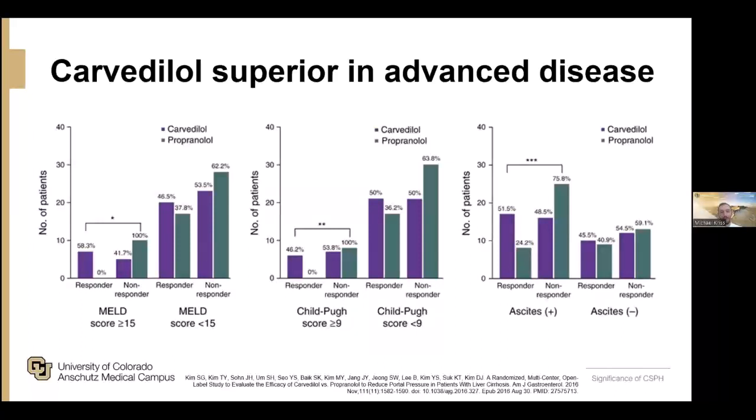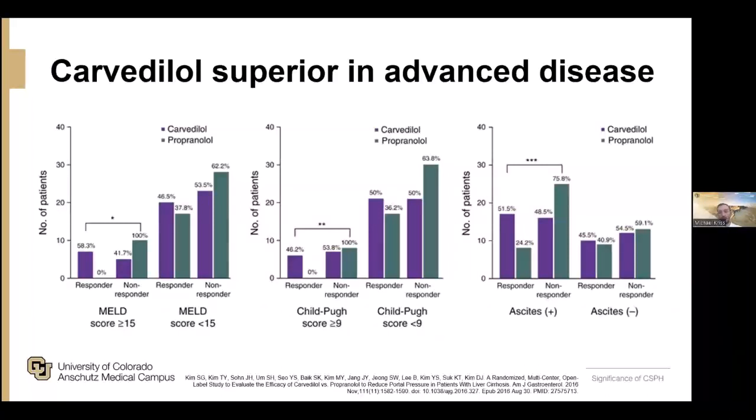Whereas 58% in the high MELD group and 46% in the high Child-Pugh group responded to carvedilol. And you can see that there's not that difference in response in the less sick patients.